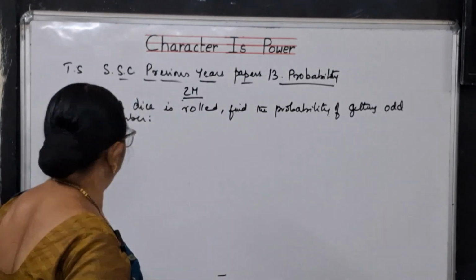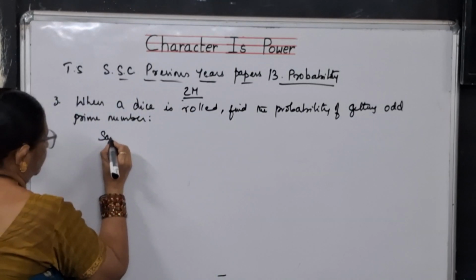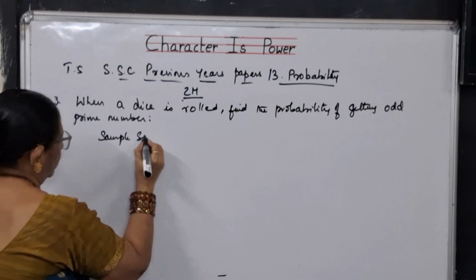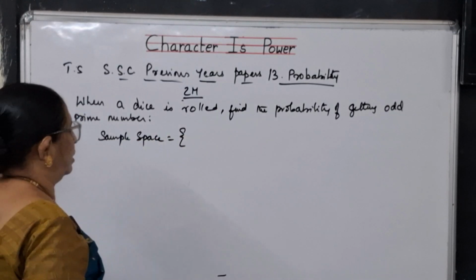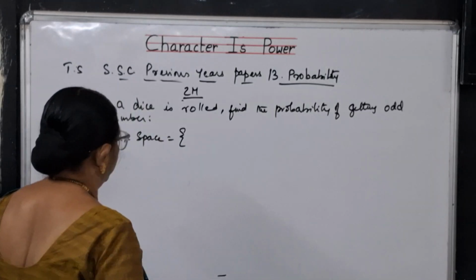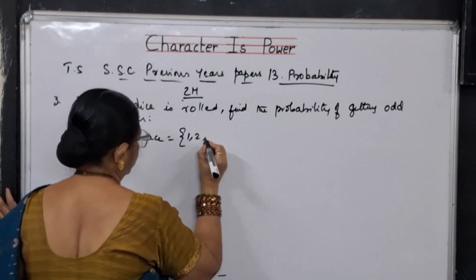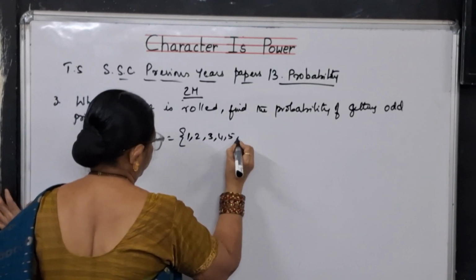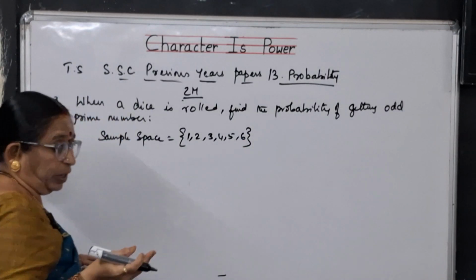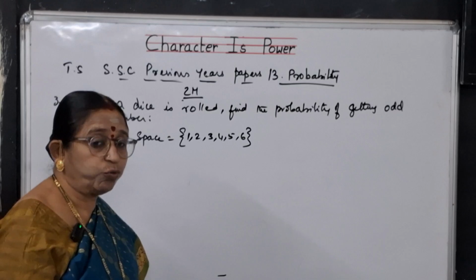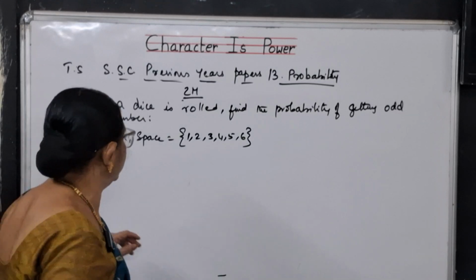When a dice is rolled, let us take first the sample space. What does the sample space tell you? It will tell you what all the numbers the dice is having. What are the numbers it is having? 1, 2, 3, 4, 5, 6. One side 1 dot, next 2, then 3, then 4, then 5, then 6. You know about this dice.